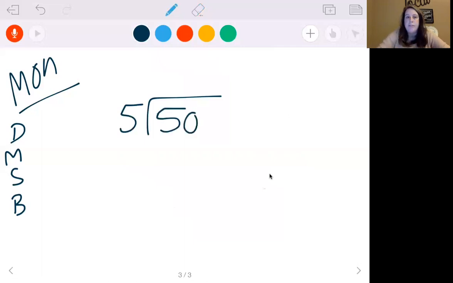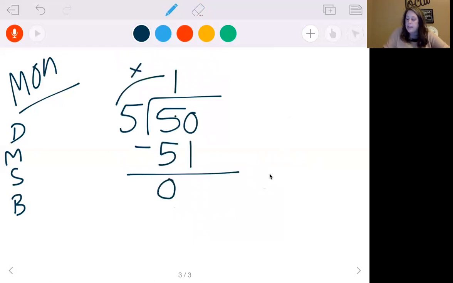50 divided by 5. You probably already know the answer off the top of your head, but let's go through the steps. So we first say, how many times does 5 go into 5? 1 time. 5 times 1 is 5. That was my multiplying. Now I'm going to do my subtracting. 5 minus 5 is 0.